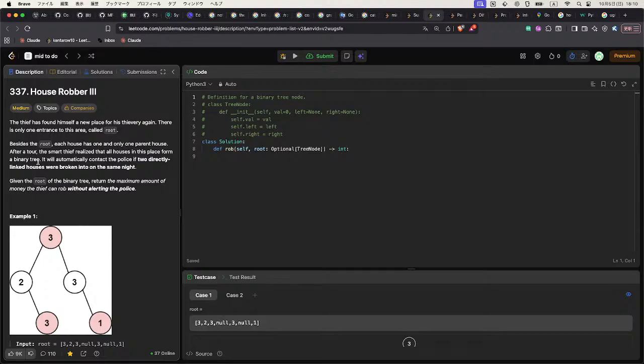It will automatically connect to the police if two directly linked houses were broken into on the same night. Given the root of the binary tree, return the maximum amount of money.